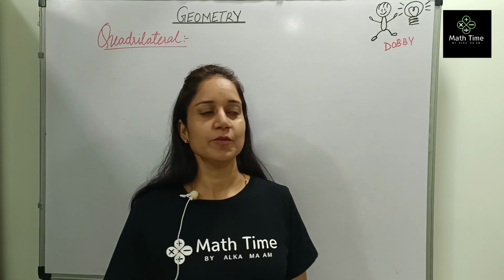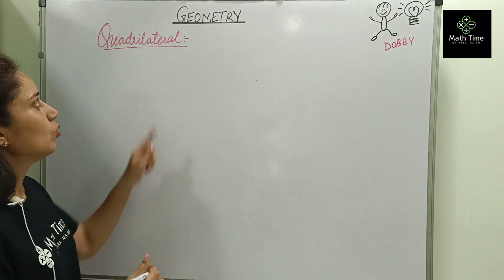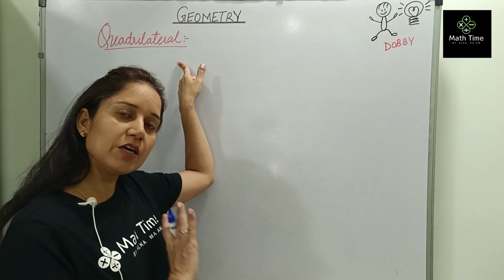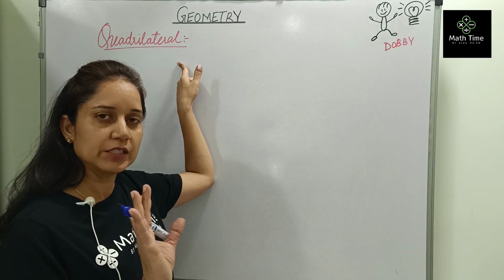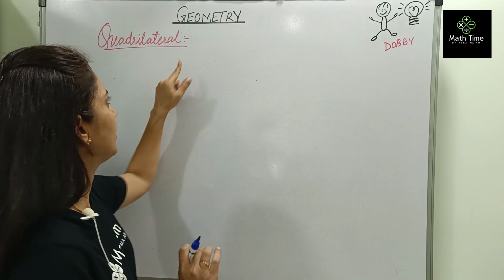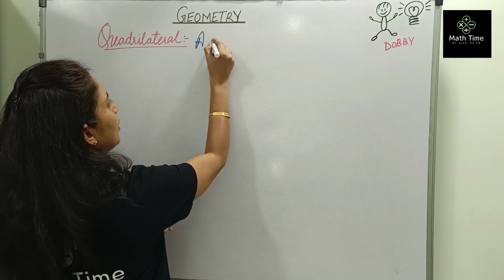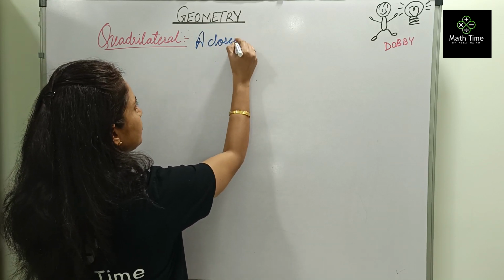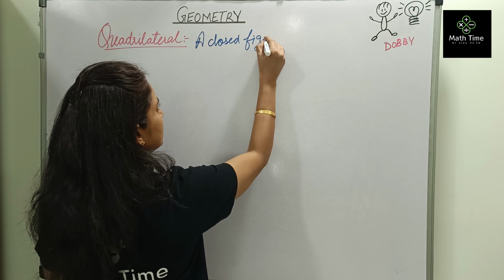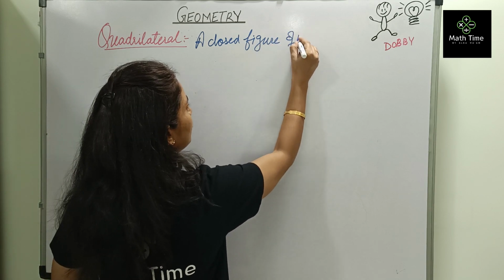Okay, let us start. So, what is a quadrilateral? All the figures made up of four straight lines are called a quadrilateral. A closed figure of four sides.